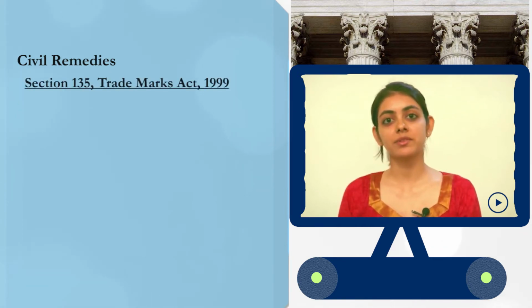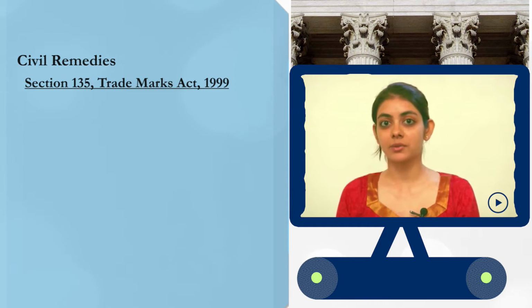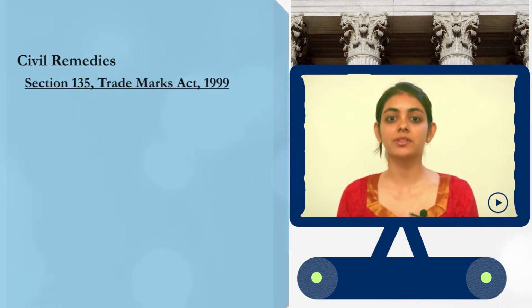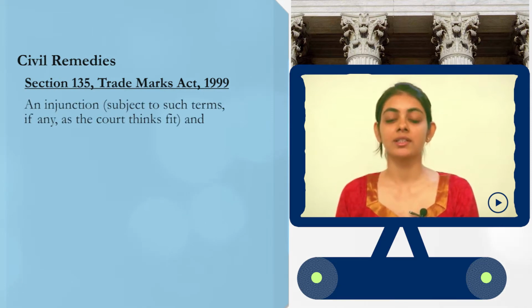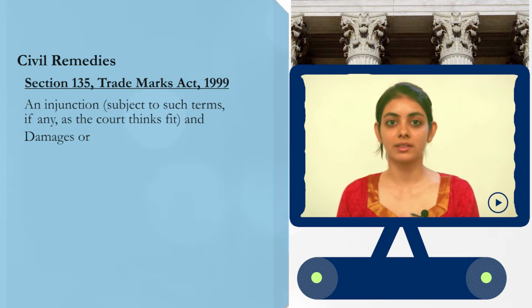Section 135 of the Trademarks Act lists down the kind of remedies that are available. It first talks of an injunction. The second remedy is damages. Third is accounts of profit. Fourth is delivery up.